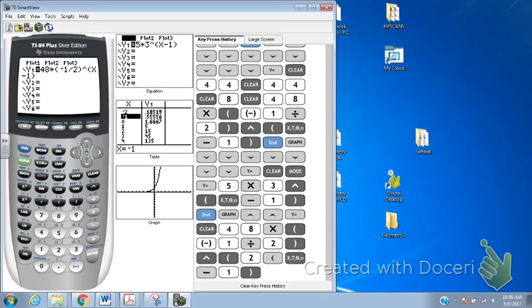So I have 48 times, in parentheses, the negative 1/2 to the, in parentheses, x minus 1. Then you go to your table and double check that your first couple terms are correct. Mine are, because it says 1, 48, 2, negative 24, 3, 12, 4, uh-oh.